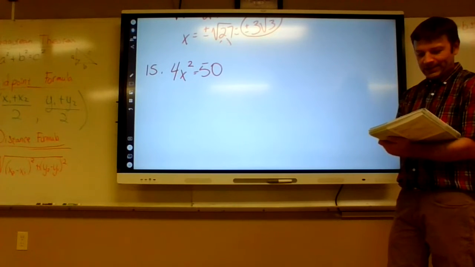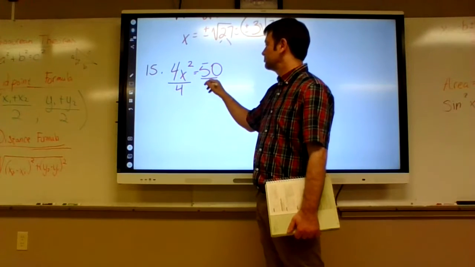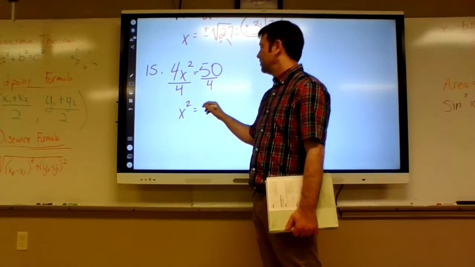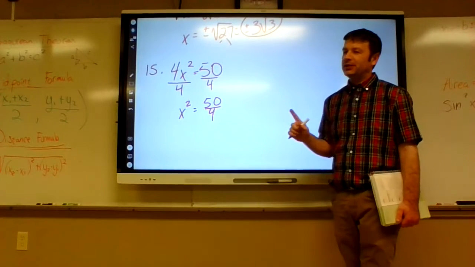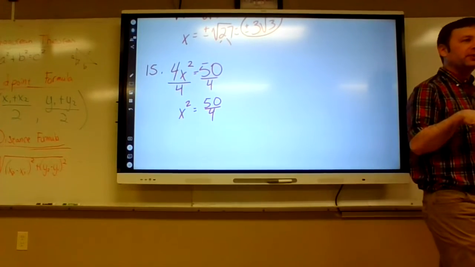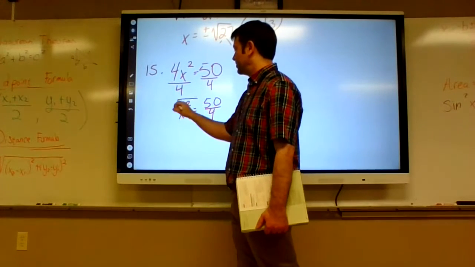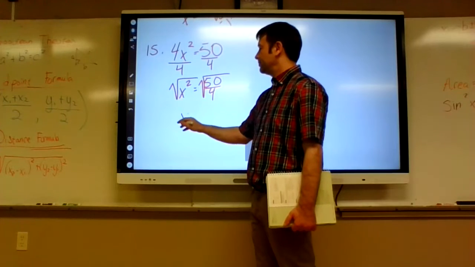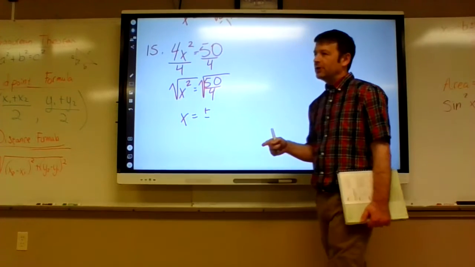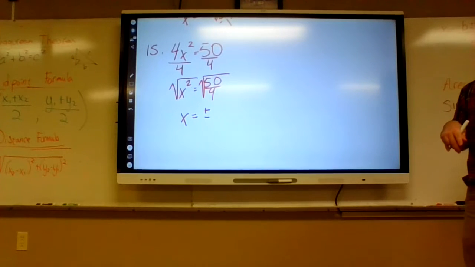Okay, anyway, 15. What do I do first? Okay, 54 reduces. It would actually be easier if we don't reduce it on this one, because our next step is square root, right? And 4 has a square root. So it might be nice just to leave it as a 4 instead of reducing first.